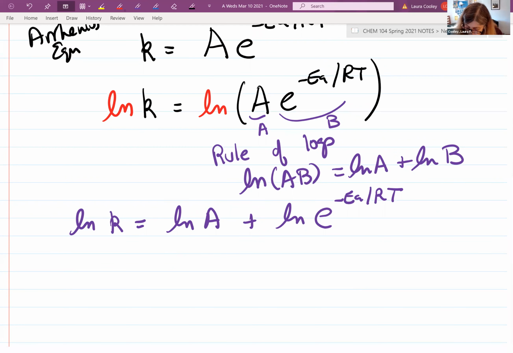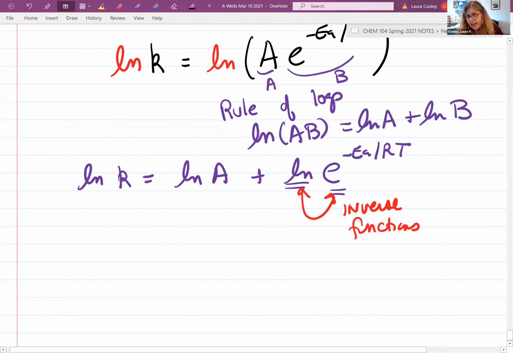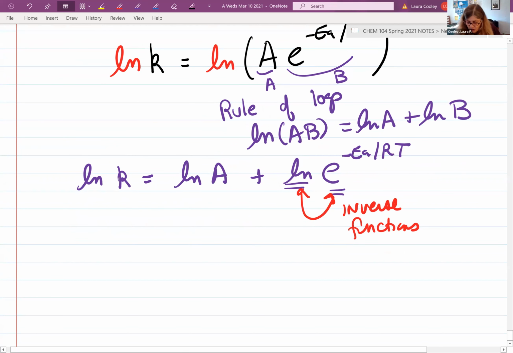And here's the thing, natural log and e to the x, these are inverse functions of each other. So when you take the inverse of the inverse function, you end up with the original, with just the e, this part. So the ln of e to the minus EA over RT is just minus EA over RT.